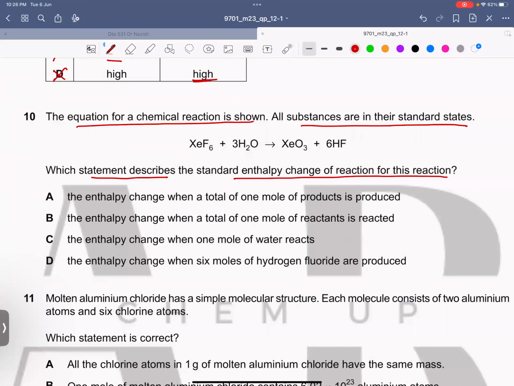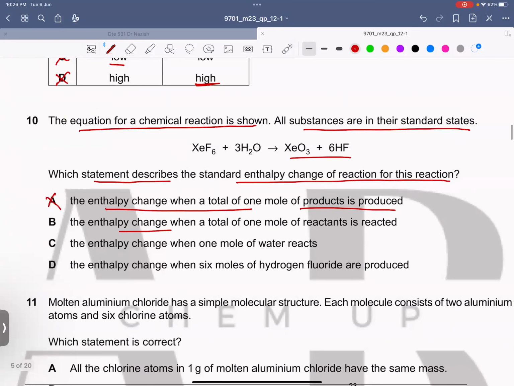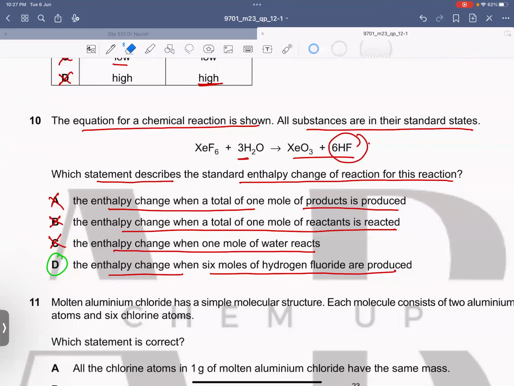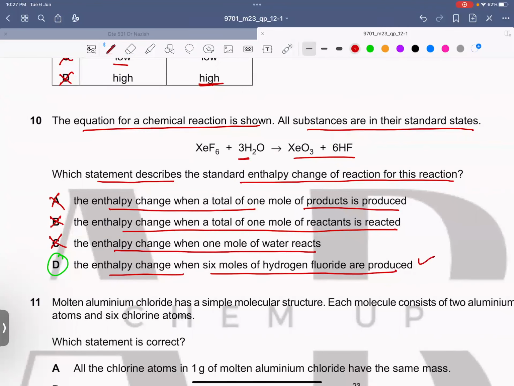Enthalpy level of 1 mole of product is produced. So see, there is no 1 mole of a reactant either. The enthalpy change when 1 mole of water reacts, there are 3 moles of water being reacted. So A, B, and C go wrong, which indicates that D is the correct one. The enthalpy change when 6 moles of hydrogen fluoride are produced. So see, 6 moles of hydrogen fluoride are produced over here. So that's why D is considered the correct answer.